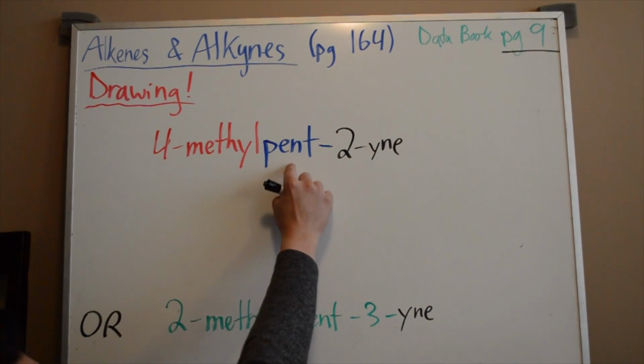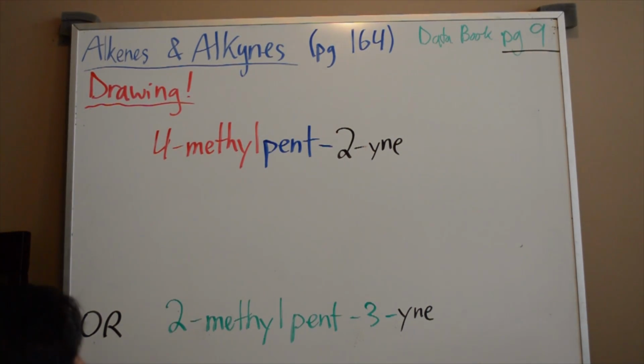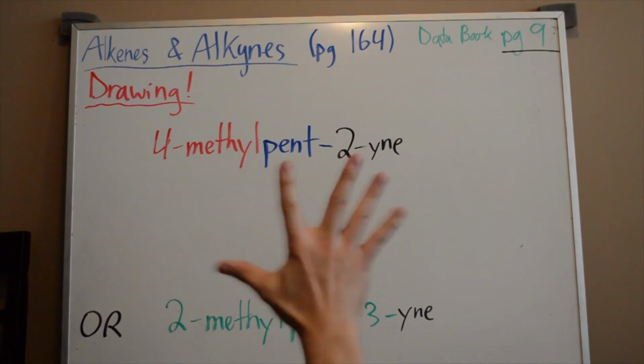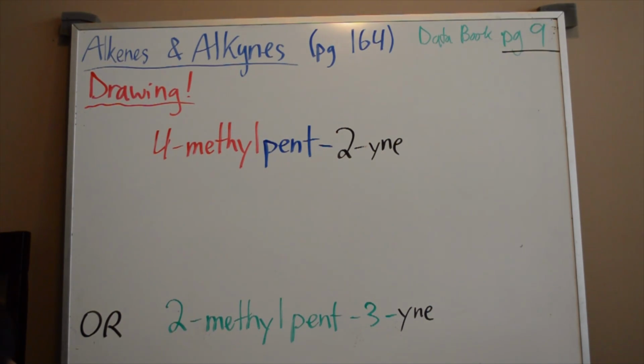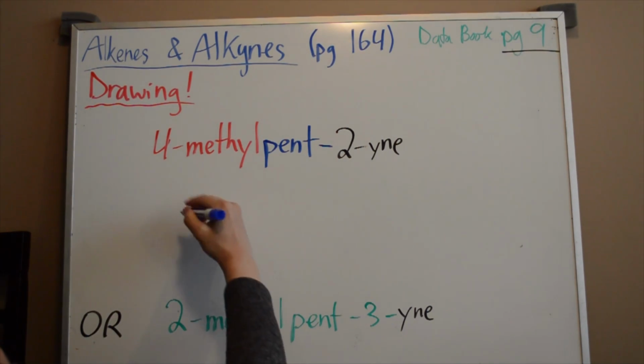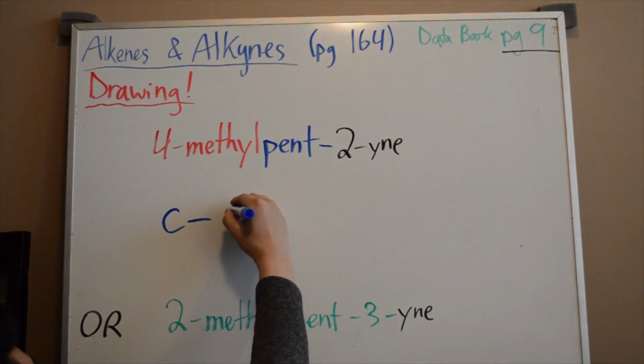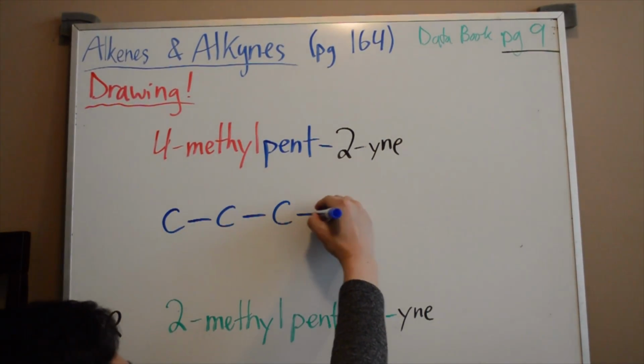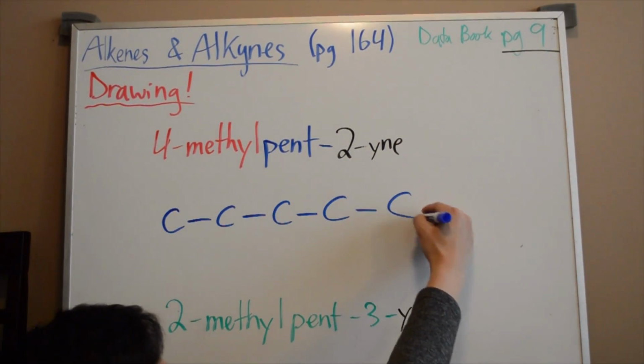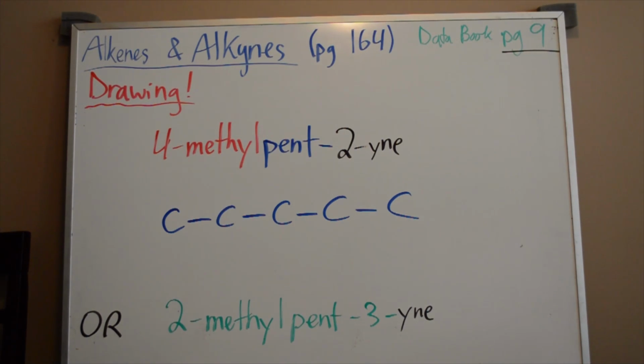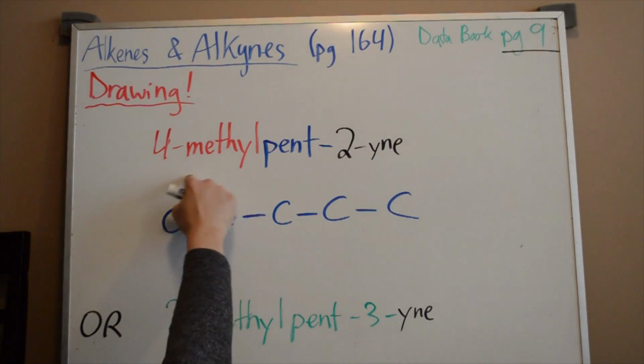Both of them are telling me that I have, right over here, pent means 5 carbons. So let's go ahead and do that. We have 1, 2, 3, 4, and 5 carbons like that. Now, both of these names tell me that I have a methyl branch.